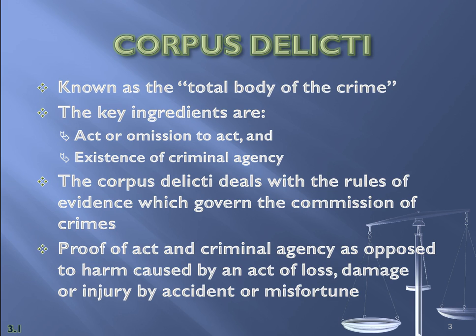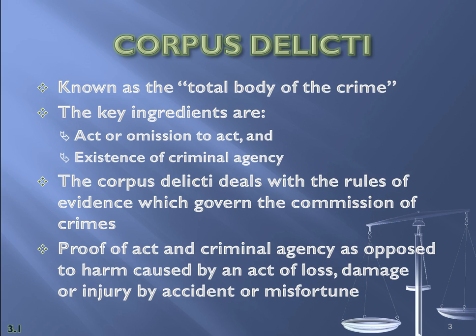Now, the corpus delicti deals with rules of evidence which govern the commission of crimes, proof of act, and criminal agency, as opposed to harm caused by an act of loss, damage, or injury by accident or misfortune.